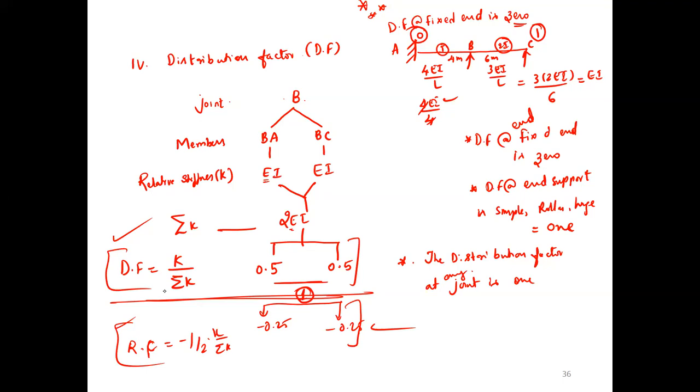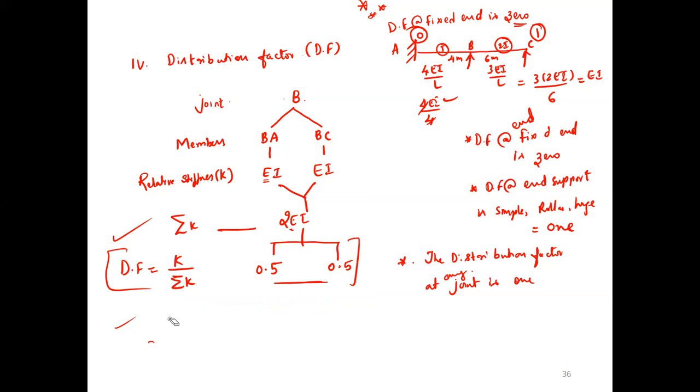Any doubts about determining the distribution factor? Sir, how did 0.5 come? K by sigma K. What is K? Take KBA by sigma K. KBA is EI.